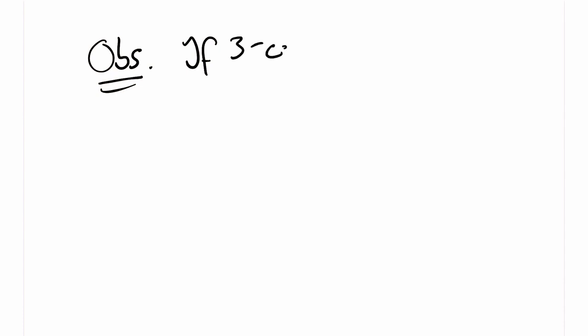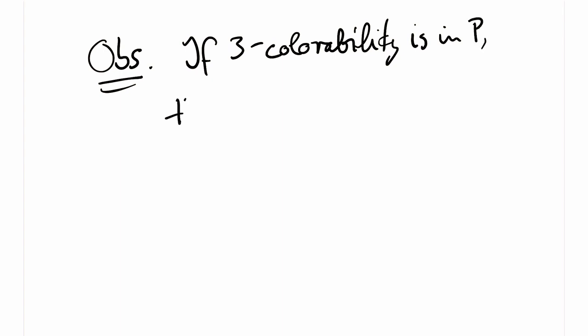If 3 colorability was in P, then P equals NP. Well, we already know P is a subset of NP, but if 3 colorability was in P, then every problem can be reduced to 3 colorability. That's what we know, because 3 colorability is NP-hard, and 3 colorability can then be solved in polynomial time, so every problem in NP can then be solved in polynomial time.